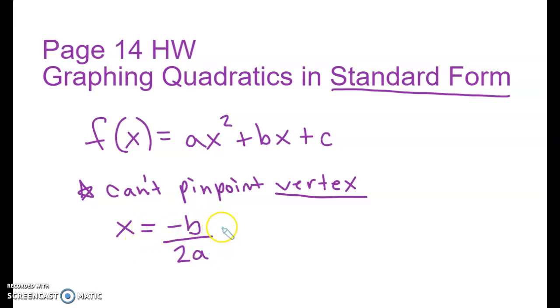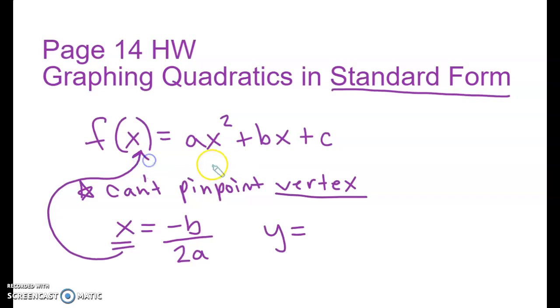So that is to find the x value. To find the y value, you're going to have to plug this x value back into the function you were given, into all these x's, and that would give you back your y value of the vertex. Then we would have our x comma y, and that would be the vertex.